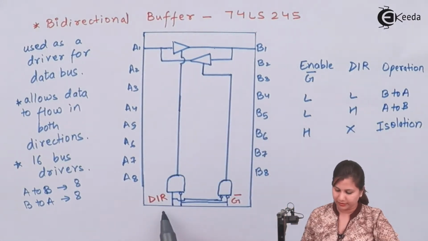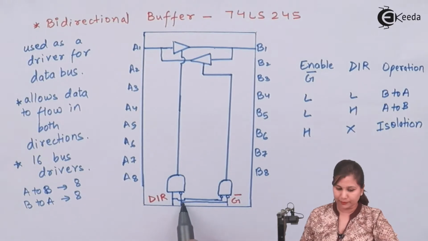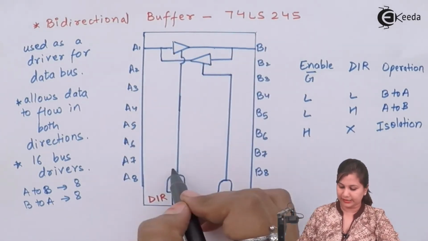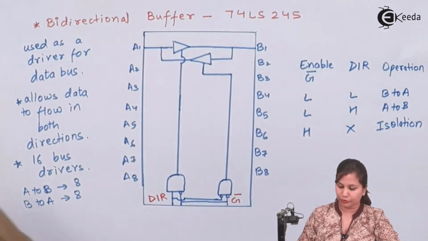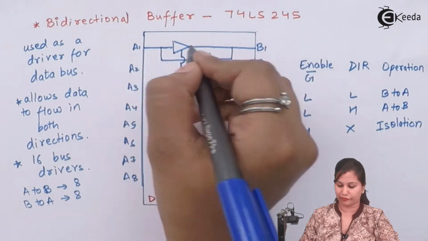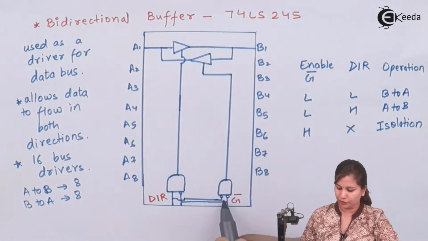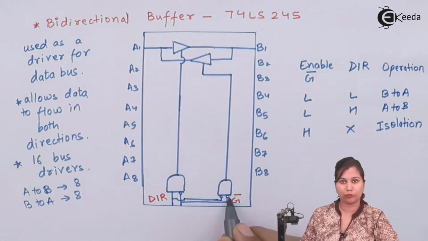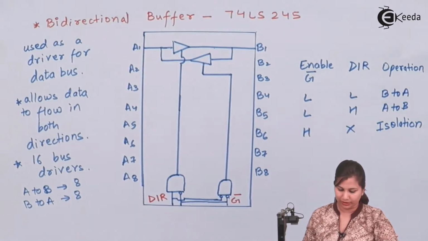One is the DIR, direction control, and the other is the G bar. So both of these are combined, and then the output is given as the enable to this A to B buffer. Now for this B to A, we have another combination of these two lines. Here you can see that we have bubbles for both the lines, and here we have a bubble for only one line.